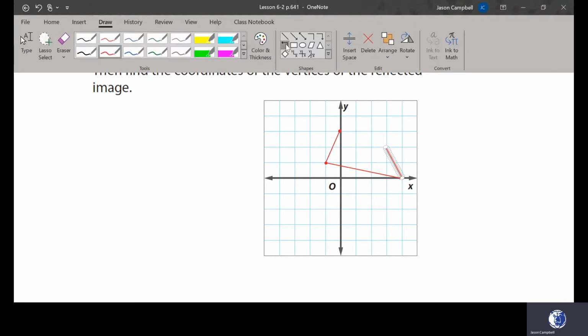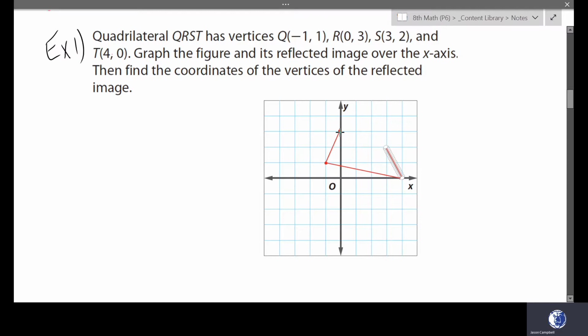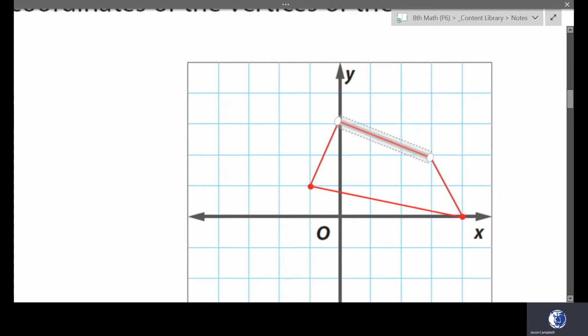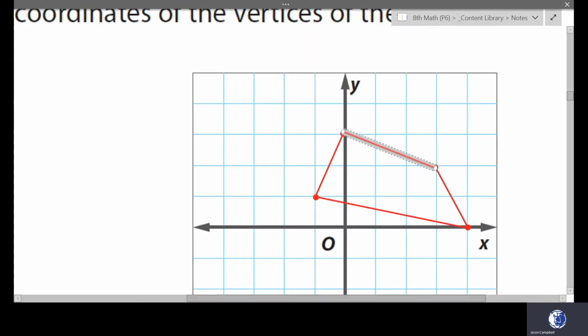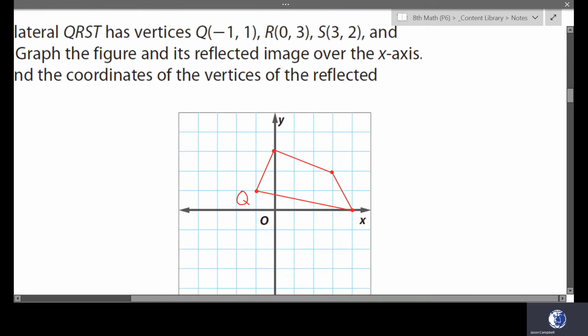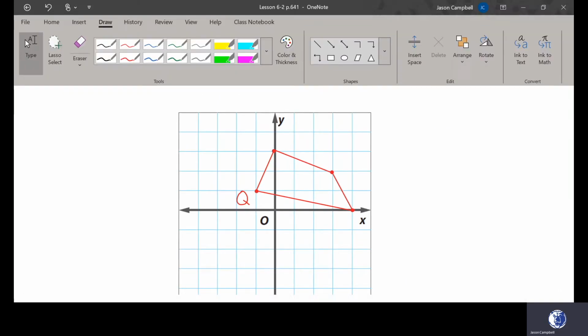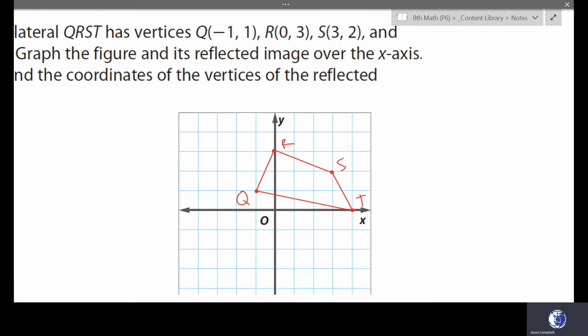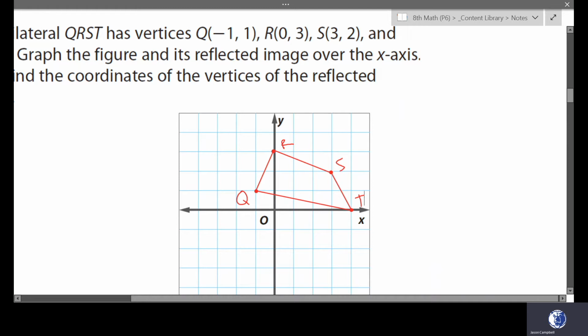And finally, from this point, let's label our points as well. So Q, let's see, this is going to be reflected over the x-axis. So this is Q. This one up here is R. Here's S and T, QRST.